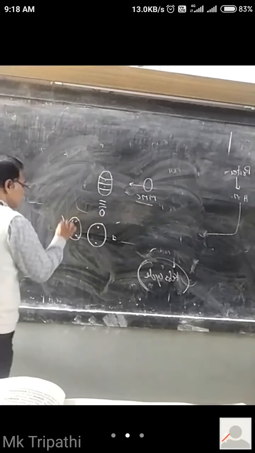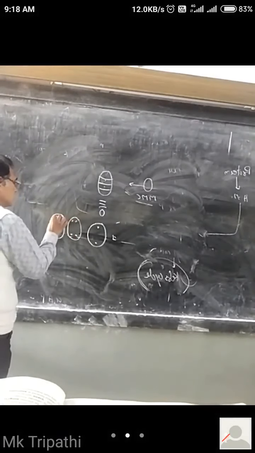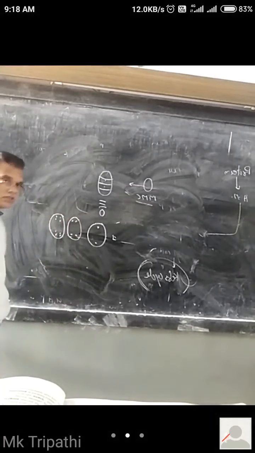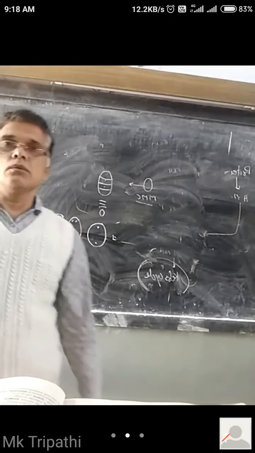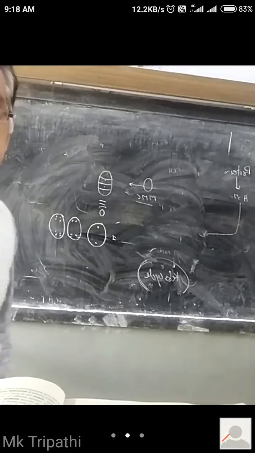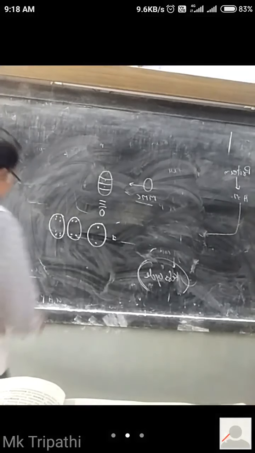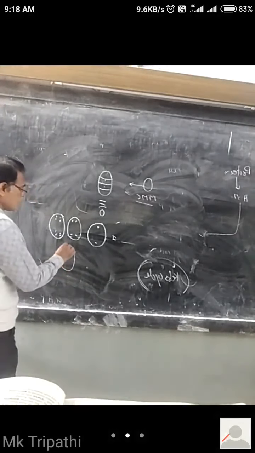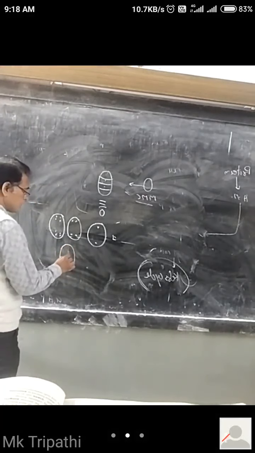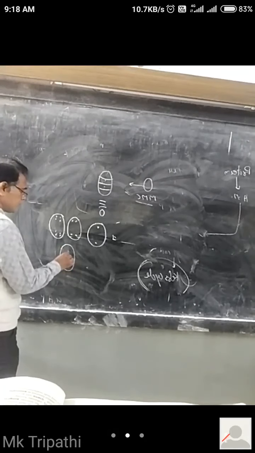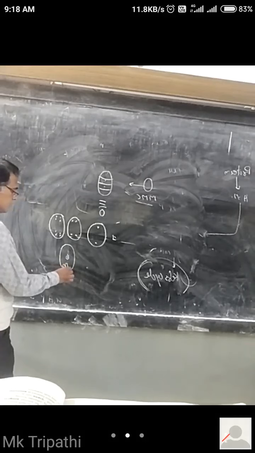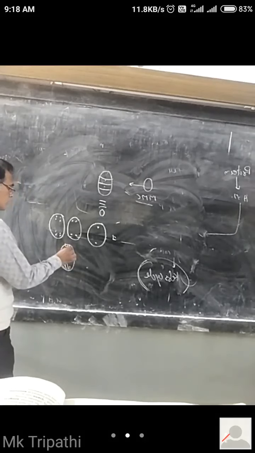Then a third mitosis occurs, due to which four nuclei are formed at each pole. These are the 8 nuclei. Out of these 8 nuclei, one from each pole migrates toward the center and forms the secondary nucleus, and the remaining three nuclei at each pole form cells.